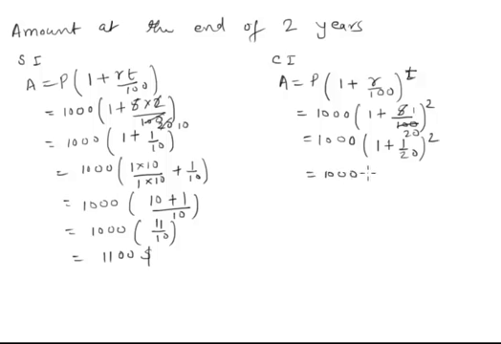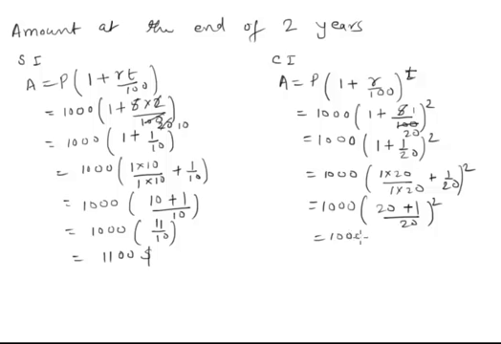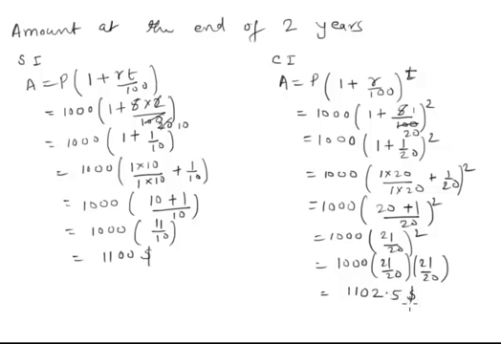Again we make the denominators the same, so 1000 times (20 plus 1) over 20, raised to 2. We can also write it as 1000 times 21 over 20 times 21 over 20, and this value comes out to be $1,102.5.